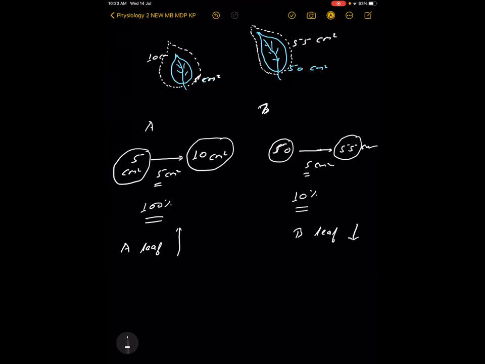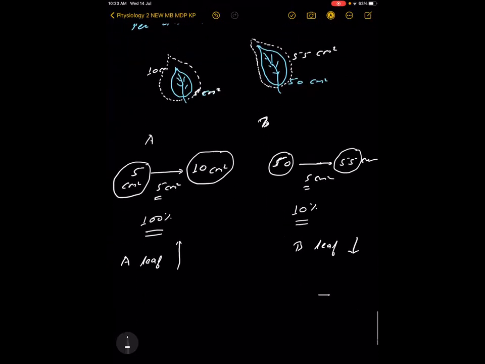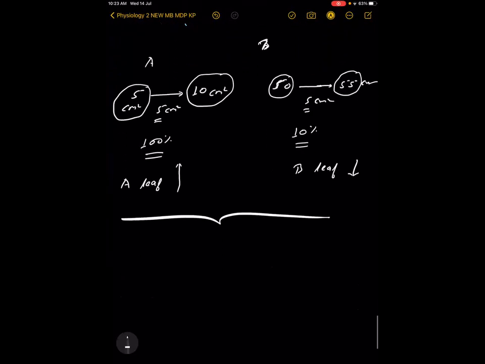So here 100% growth will come. And in 50 to 55, it is slower. It is only 10% growth. So that is called relative growth in a given time per unit parameter of growth. So here the parameter is this 5 centimeter area. Okay, fine.